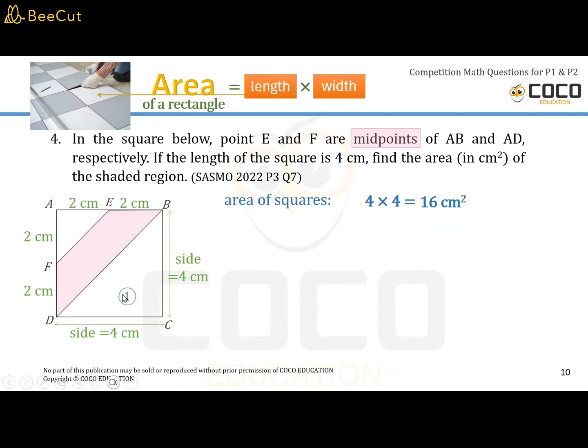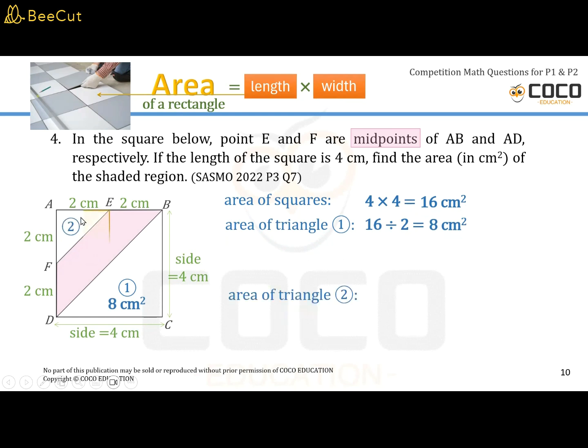And then we can find the triangle as well, as the triangle is just half of the square. So we can just use 16 divided by 2, which is 8. Then also we can find the area of this triangle.